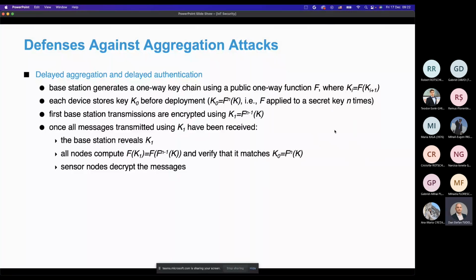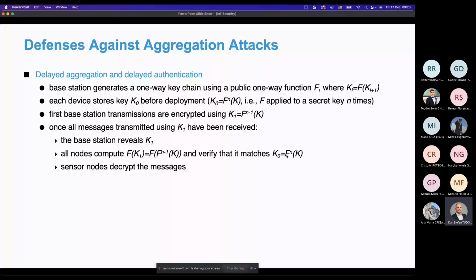Then the first base station transmission will be encrypted using K1, which is f to the power of n minus 1 of K. Once all messages transmitted using K1 have been received, the base station reveals K1, and as a consequence, all nodes can compute the function of K1, repeated n minus 1 times, and verify that it matches K0.